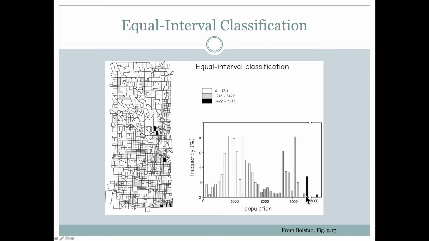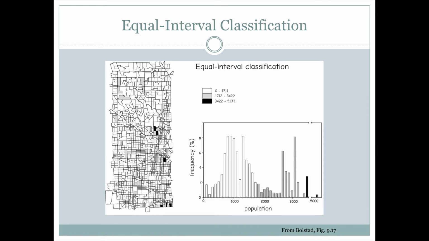The second category goes to here, and you can see they've kind of placed a break in here. It goes from 3,000. We're missing 4,000, but this would be the third category here. We've just taken our histogram and broken it into 3 equal intervals based on the x-axis of what the population is. So that would be an equal interval classification.